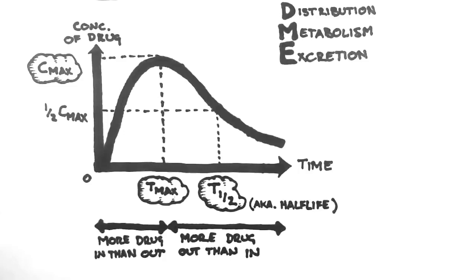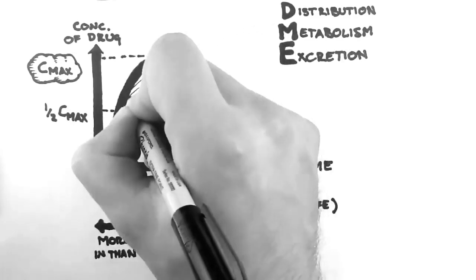On this graph, this is the time between Tmax and where I've drawn T half. There's a lot more to talk about with half-lives, including rate laws and orders of reactions. But that is beyond the scope of this video, so we'll talk about that in a later tutorial.